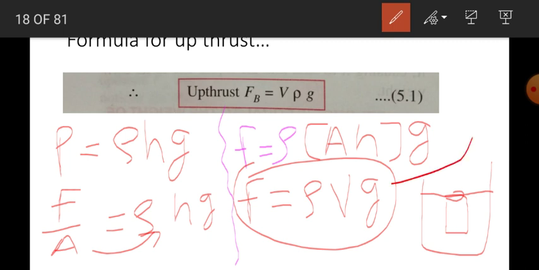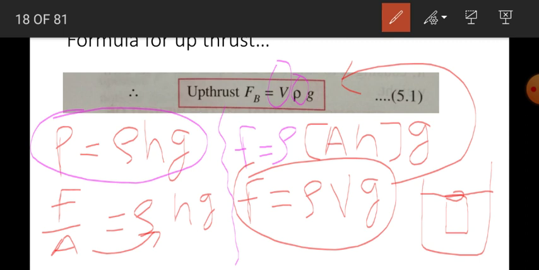So as you can see, we have derived this equation, which is a formula for the upthrust, using the formula of pressure. So due to the pressure difference, liquid exerts upthrust, and upthrust depends upon volume of the object and density of the liquid. So more density, more upthrust, and more volume of the object means more upthrust.